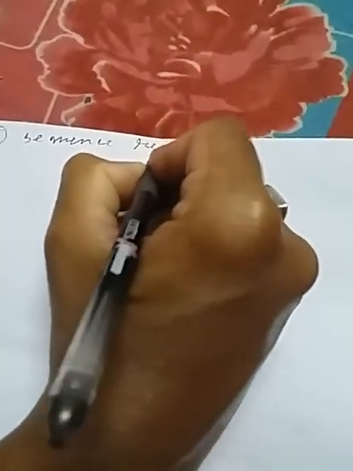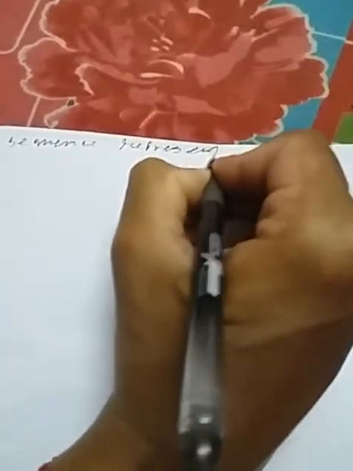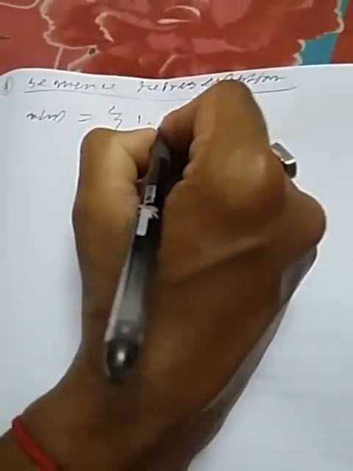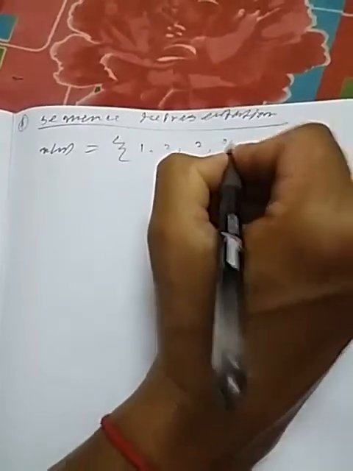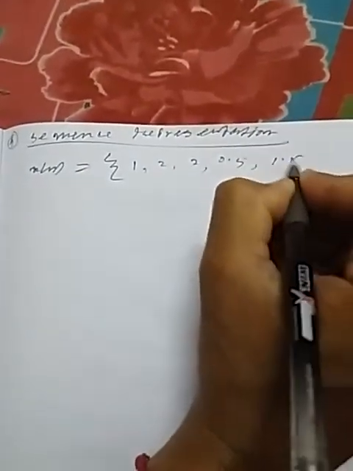Now sequence representation. Number 4 is sequence. In the form of a sequence, the signal is represented in second brackets, and the values are written separated by commas. So here is 1, then 2, then 2, 0.5, then 1.5.